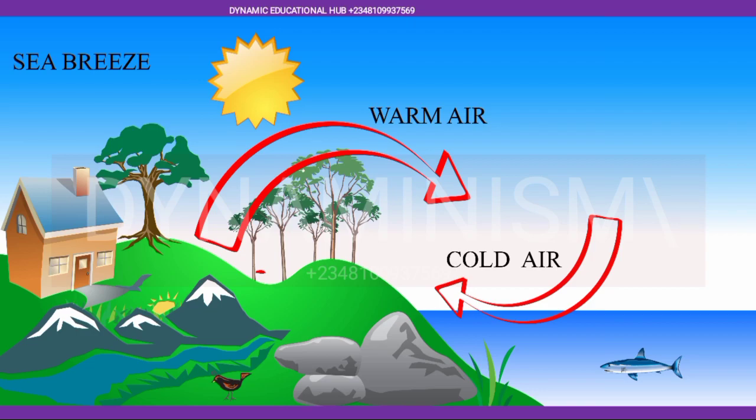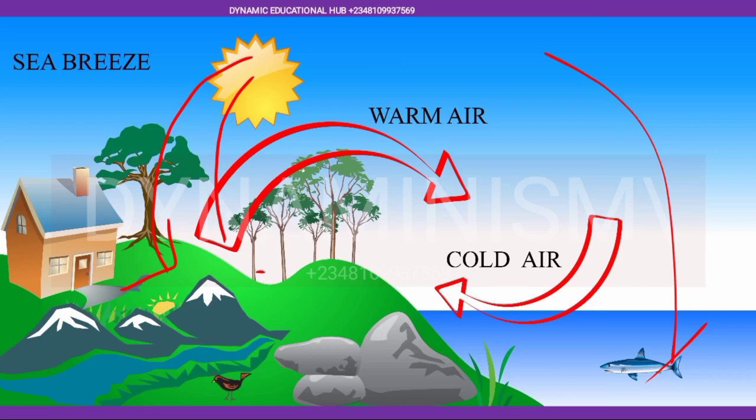During the afternoon, the sun is shining on the earth. Now you have the sea as well. The sun is shining. Now the ground has low thermal conductivity.